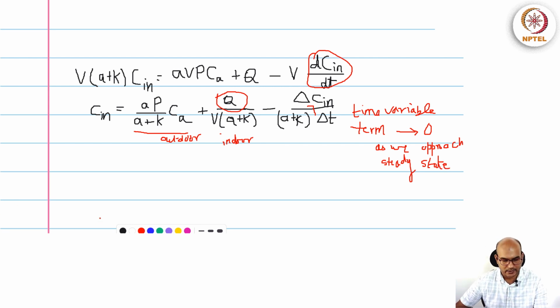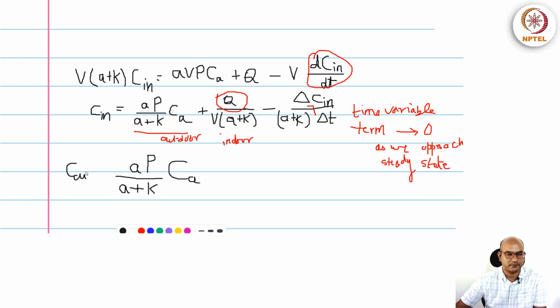So we are now interested in the term which is related to the outdoor. If we make this go to steady state, we have a term which is related to outdoors, and that term is A P. So ventilation rate and penetration factor divided by ventilation and decay, multiplied by C A, which is related to ambient air.